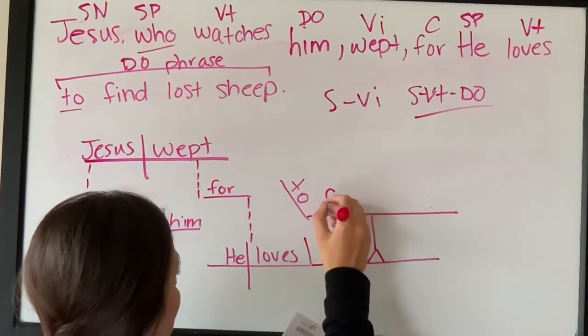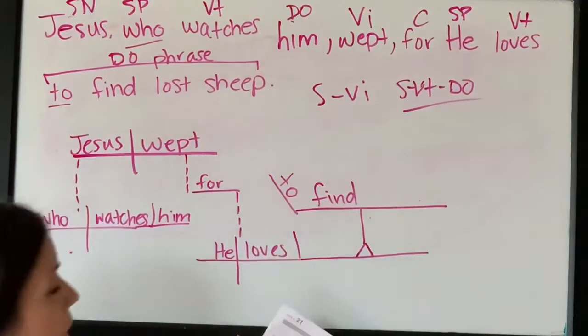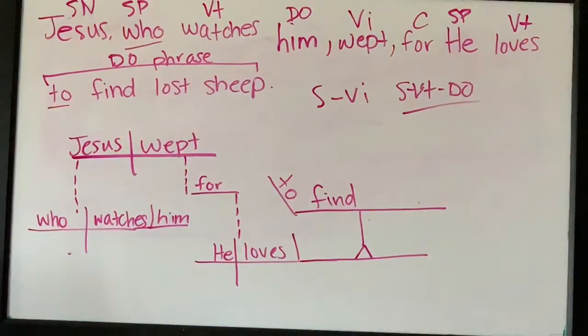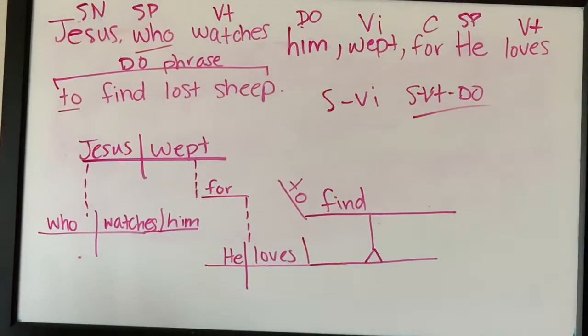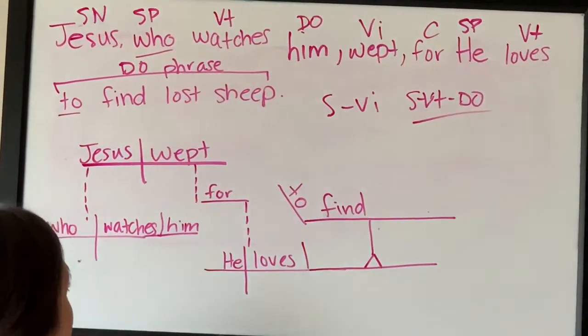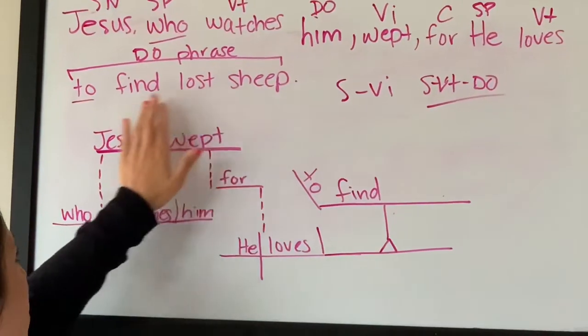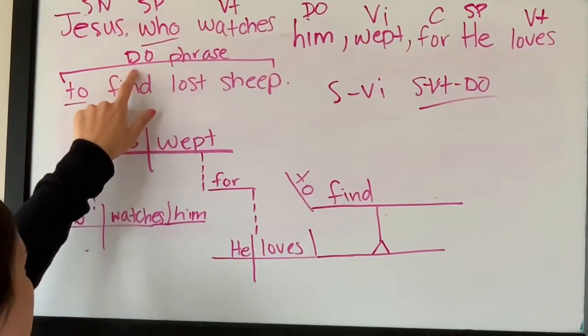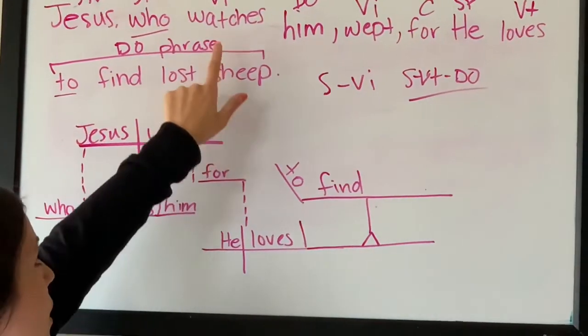Now actually in the teacher guide, it does break it down by verb and direct object. So if we were going to actually break this down, we would say find is a verb, find what, lost sheep, direct object.